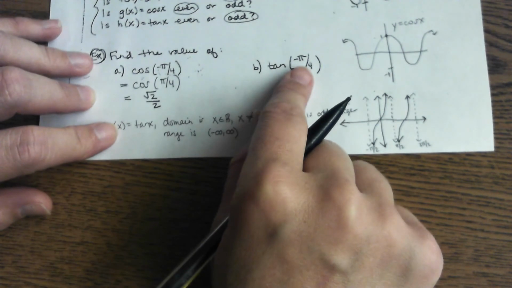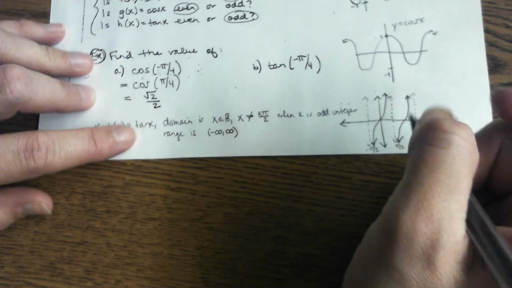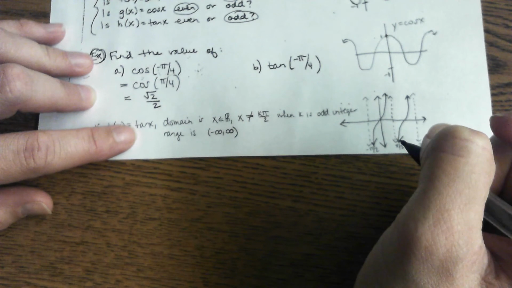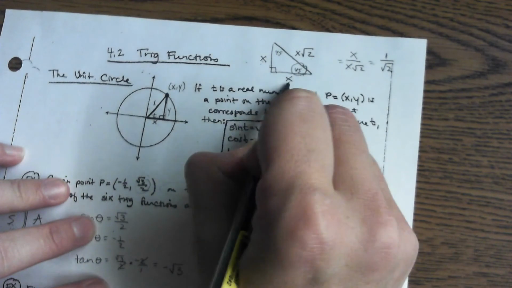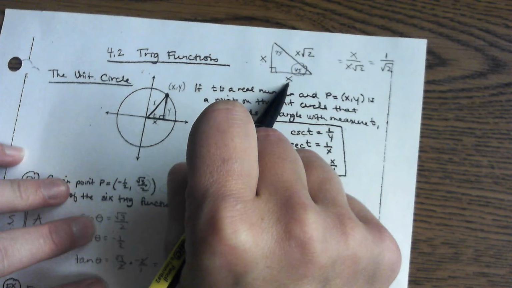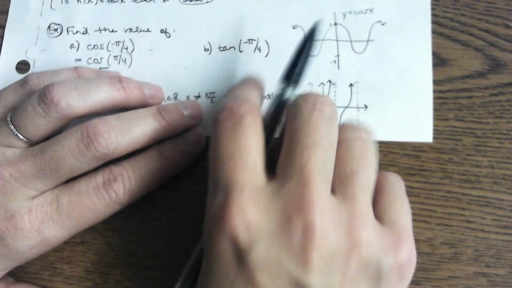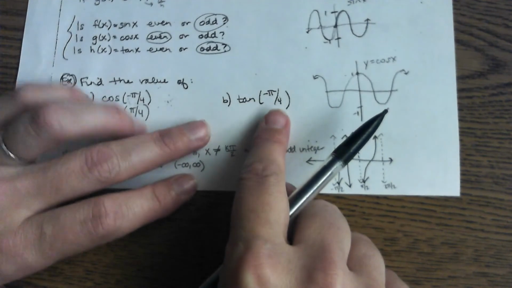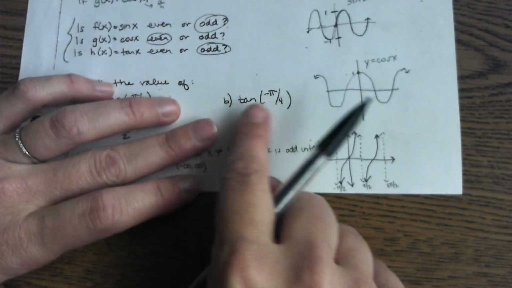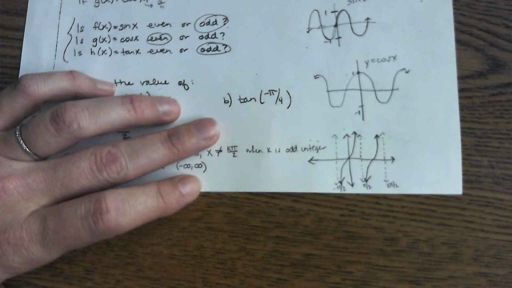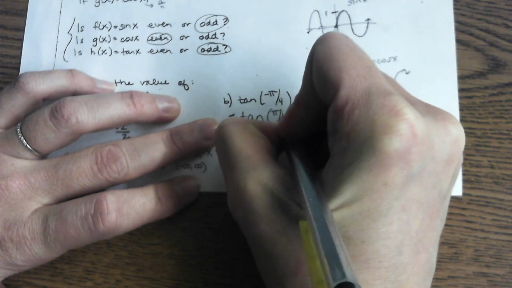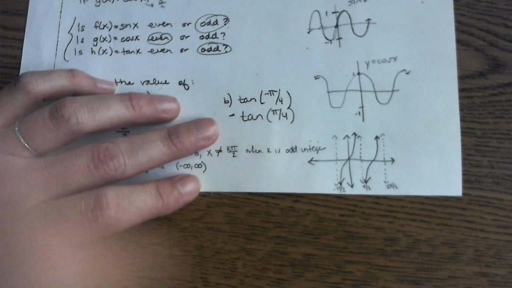And the tangent of 45, do you remember what that was? What would the opposite over the adjacent give you in an isosceles triangle? 1. Same over same. At any rate, because this is odd, functions say that the tangent of negative x is the same as the negative tangent of x.